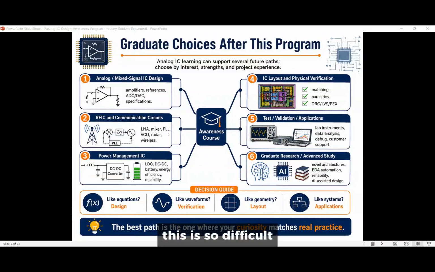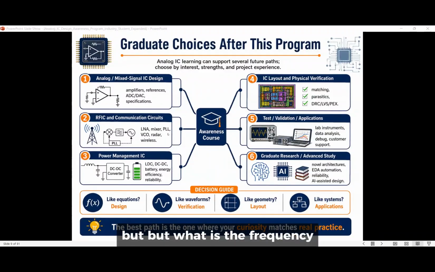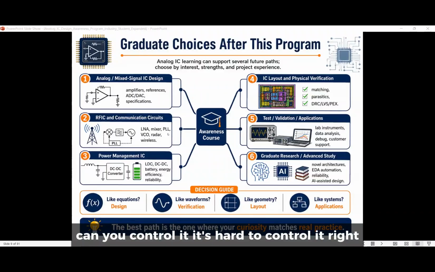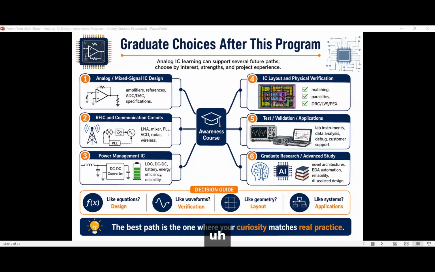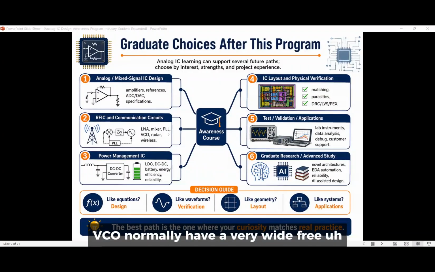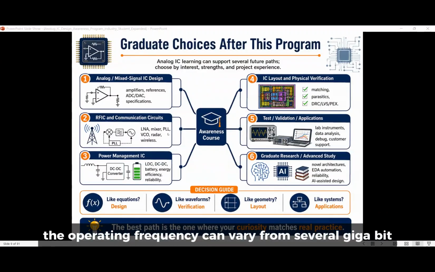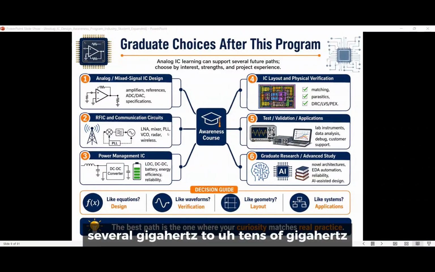The PLL is so difficult. The VCO can generate high frequency signals, but can you control the frequency? It's hard to control. In modern electronic devices, a VCO normally has a very wide operating frequency, from several gigahertz to tens of gigahertz.